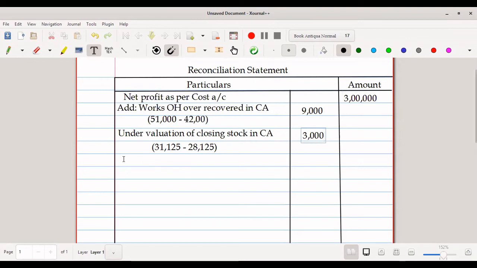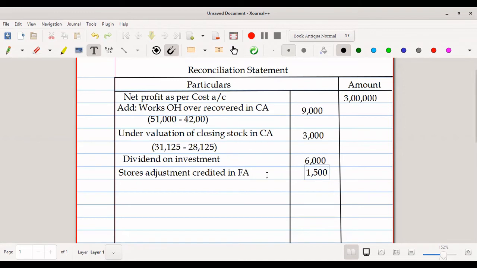Next is dividend on investment. Amount given is 6,000. And the next point is stores adjustment credited in financial accounts. The amount given is 1,500.